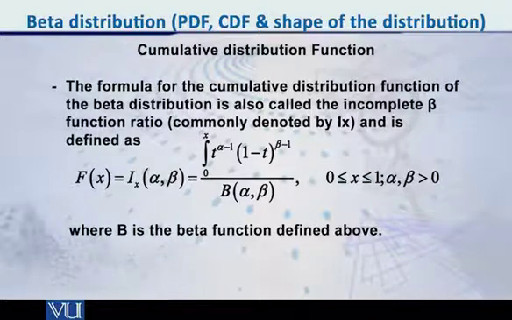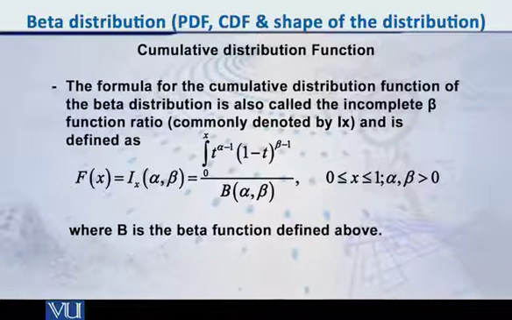Now, the important point to note is that this particular integral, which I have just now put in front of you, this is the incomplete beta function. यानी अभी जो complete beta function है, उसकी जो integral form में जो expression है, वो क्या है? वो है 0 to 1 t raised to alpha minus 1, 1 minus t raised to beta minus 1 dt. मगर ये जो है, this is from 0 to x, and x itself lies between 0 and 1.